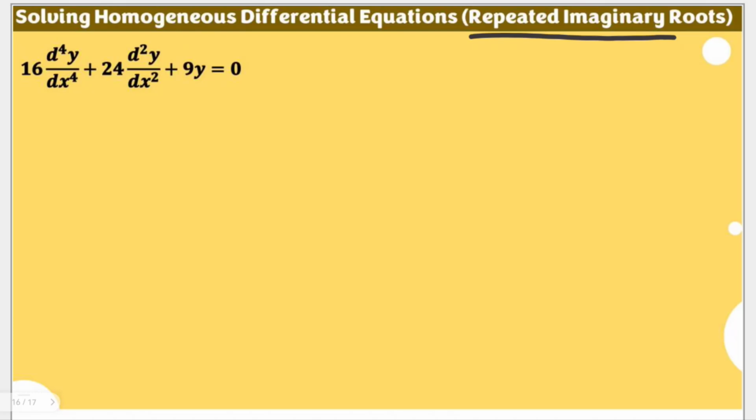Let us first come up with an equation using the differential operator D, in y equal to 0, because y is your dependent variable here.